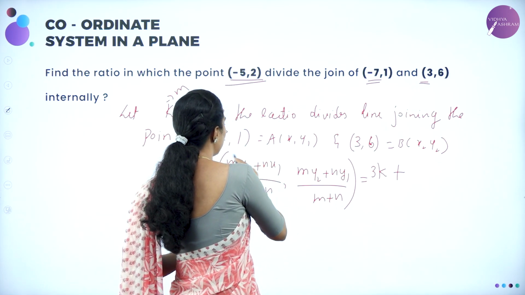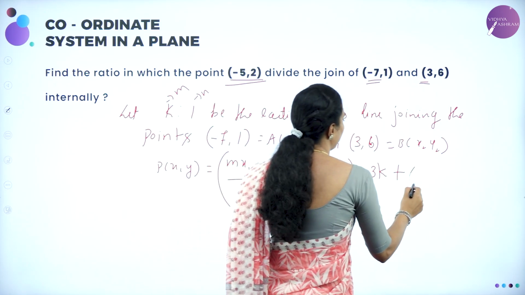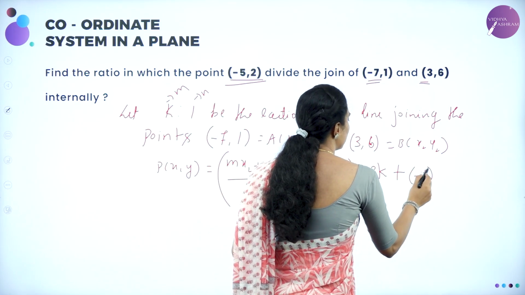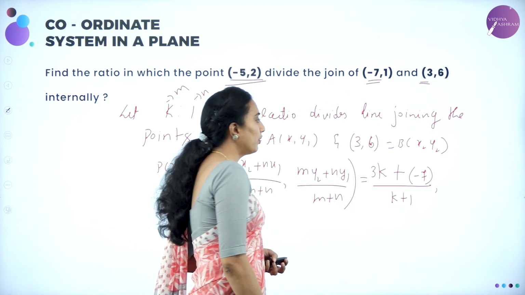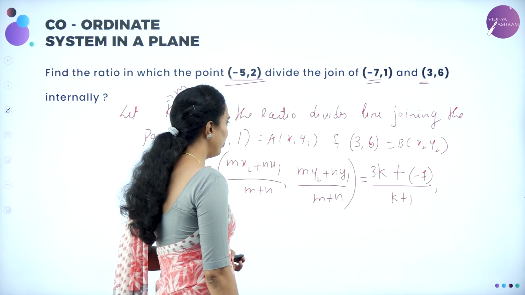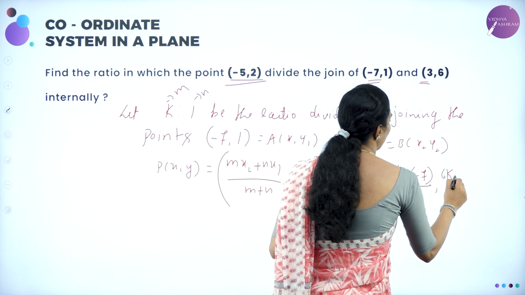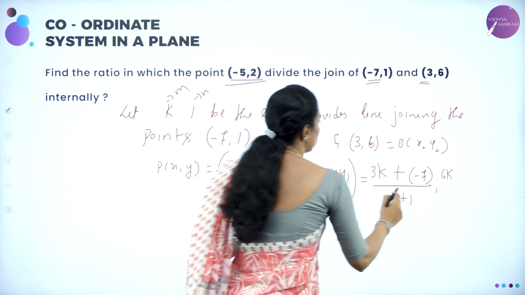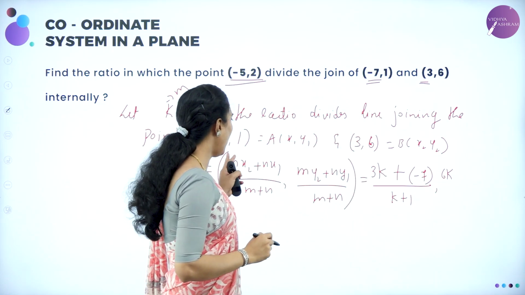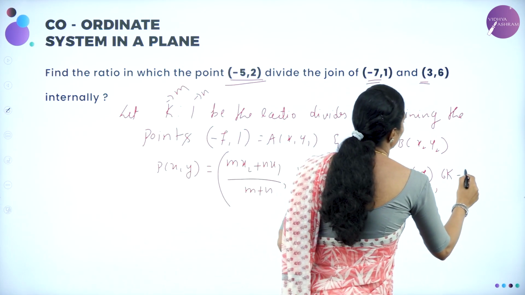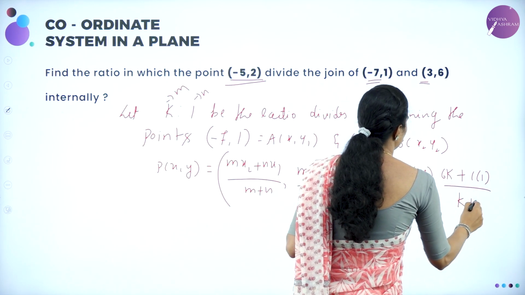1 into x1, x1 is minus 7. Plus into minus will be minus. Let me simplify that again. So k plus 1, comma, you are going to have my2, y2 is nothing but 6, so my2 is 6k, plus n into y1, y1 is 1, 1 into 1, divided by k plus 1.